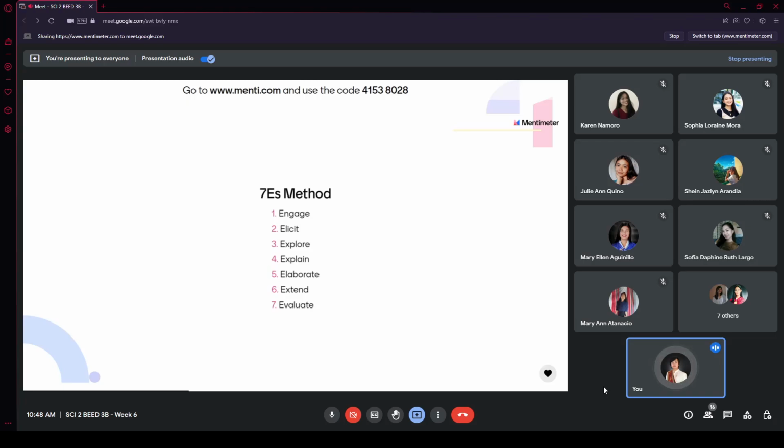But usually we can integrate values by citing, for example, in weather, right? Pag-asa, safety procedures, usually those kinds of things. Right? That's how we can integrate values for science.